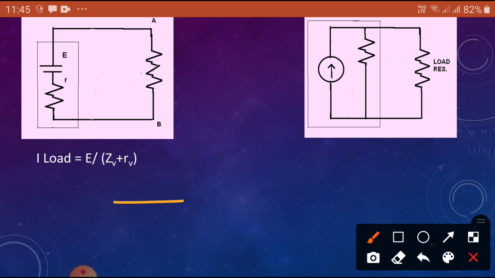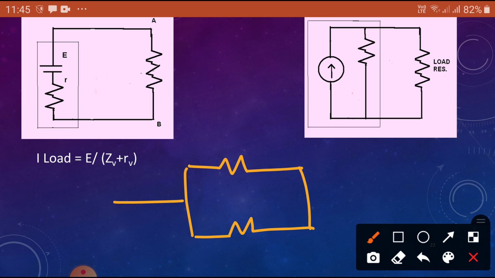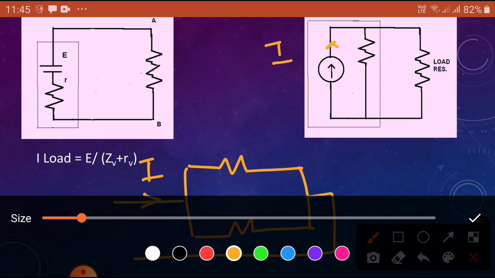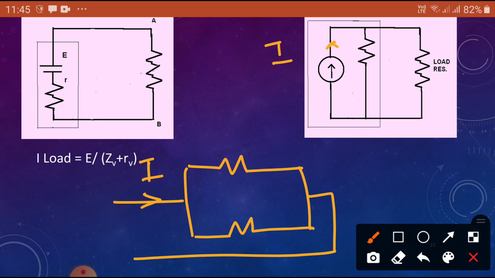So here, this is the current I, this current is equal to this current I. Now this is the load impedance ZL.